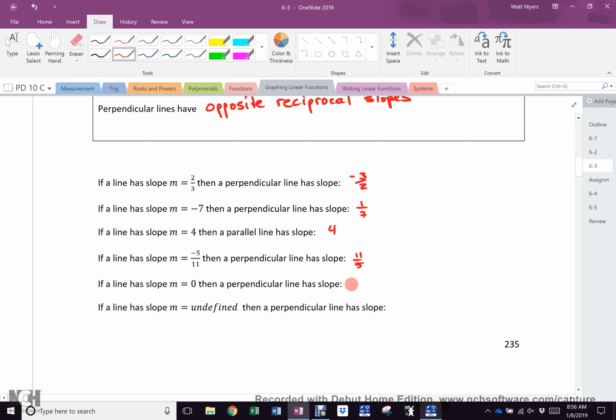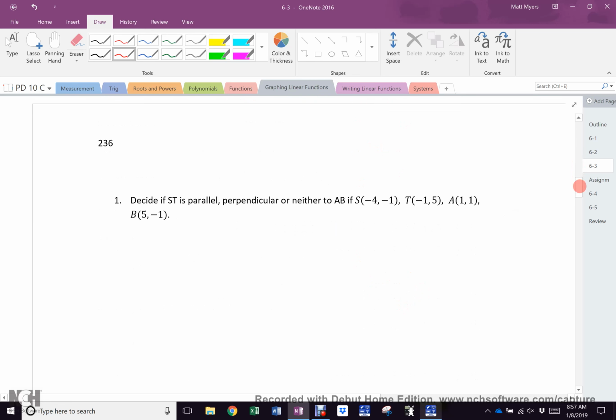What's its perpendicular slope? 1/0, which is undefined. And if the slope is undefined, its perpendicular slope is 0. Is everybody good with perpendicularity? And you can see why these three lessons kind of have to be mashed together, right? Okay.